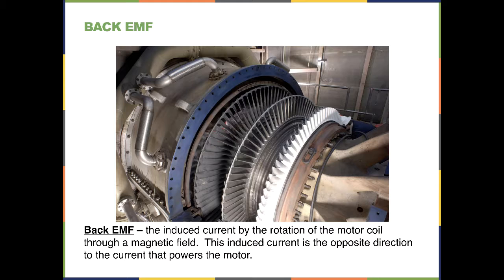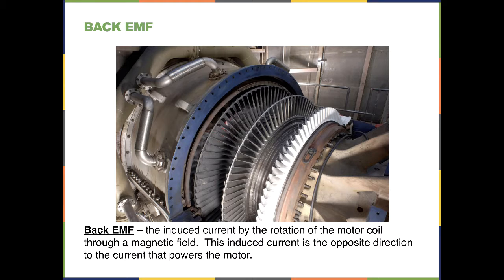Now let's talk for a minute about something called back EMF. Back EMF is when you have a motor moving through a magnetic field, and there's an induced current with that motor. This induced current is in the opposite direction of the current that powers the motor.